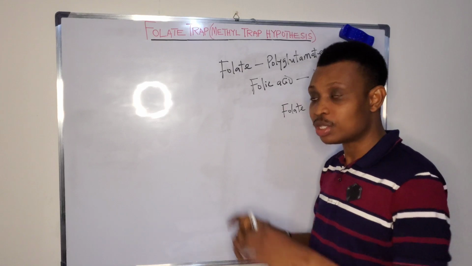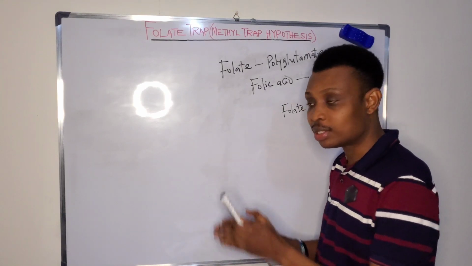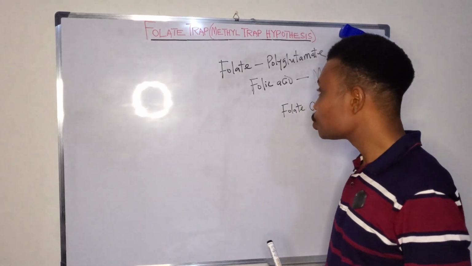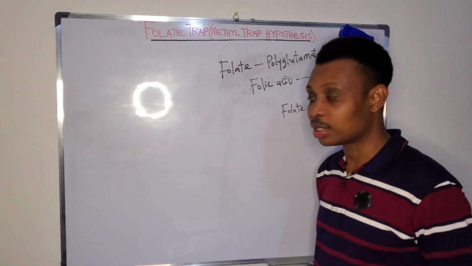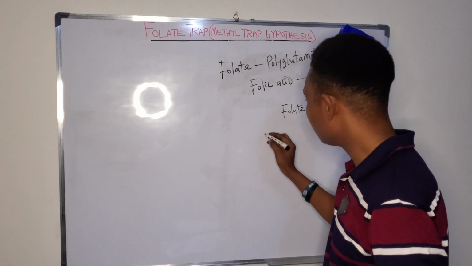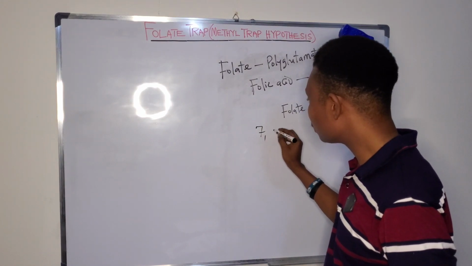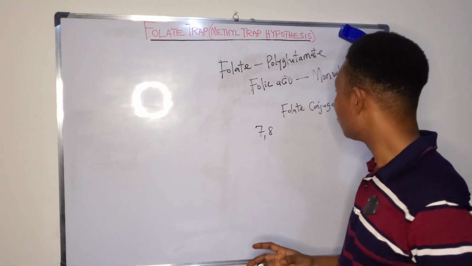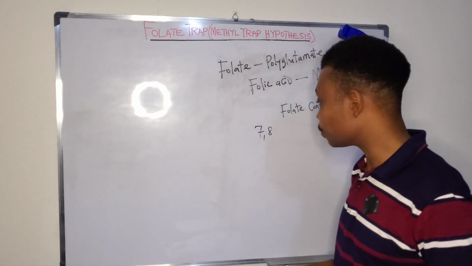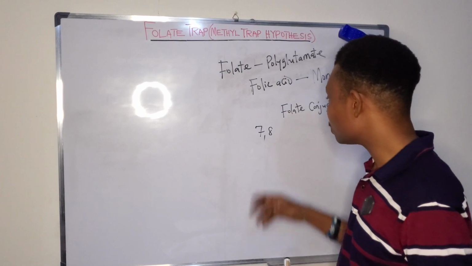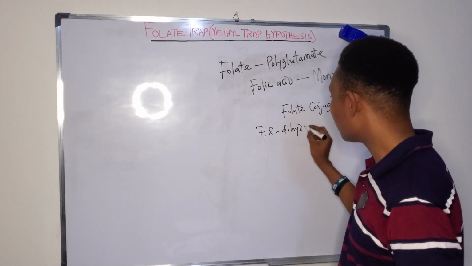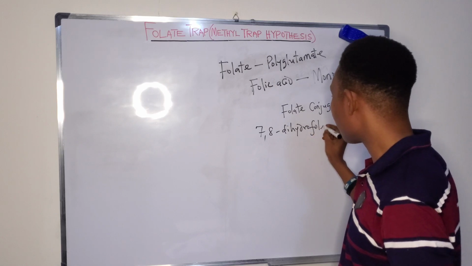monoglutamate, which is of course a form of folate, will undergo hydrogenation. So there will be addition of hydrogen at the position 7 carbon and position 8 carbon of the folate molecule, that's of the monoglutamate molecule, and that will give rise to 7,8 dihydrofolate.